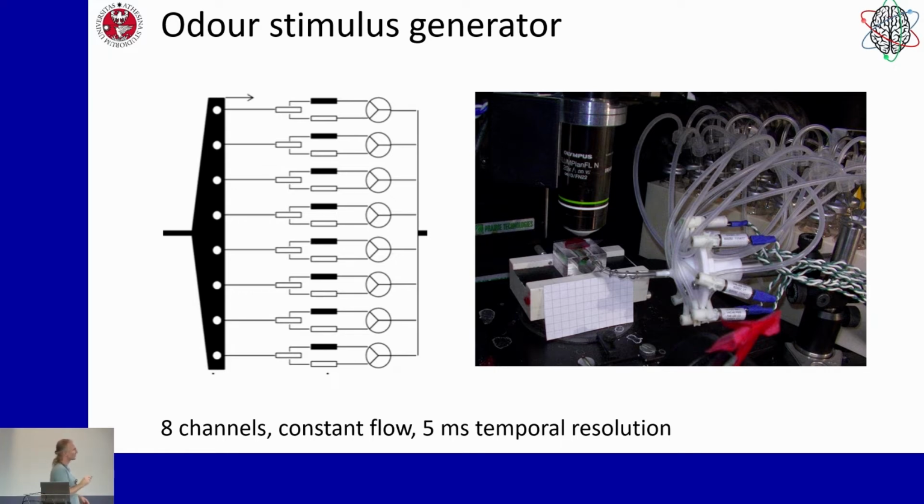And important for us is also the temporal resolution, as you will see later. So it's important that these valves switch very fast, and that the stimulus arriving at the animal is very well defined in time. A 5 millisecond resolution is what we are getting from this device.